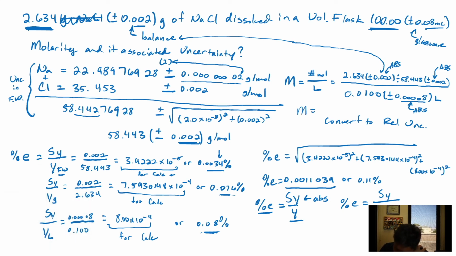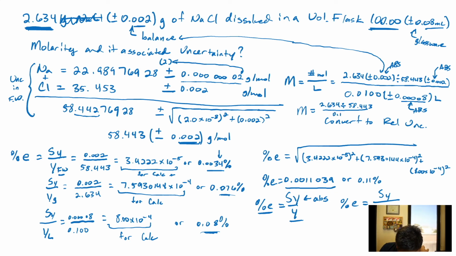Molarity equals 2.634 divided by 58.443, all divided by the number of liters we have, which is 0.1.